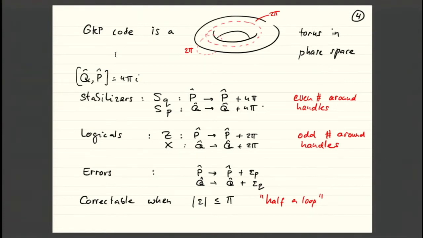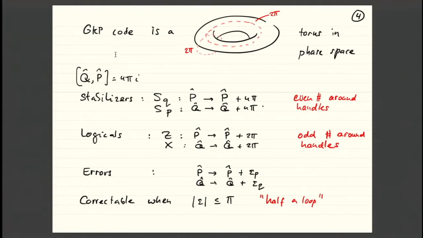And so what the errors do: for qubits, we usually have a Pauli error model where we say qubits bit flip or phase flip. So what is the role of the Paulis for an oscillator?